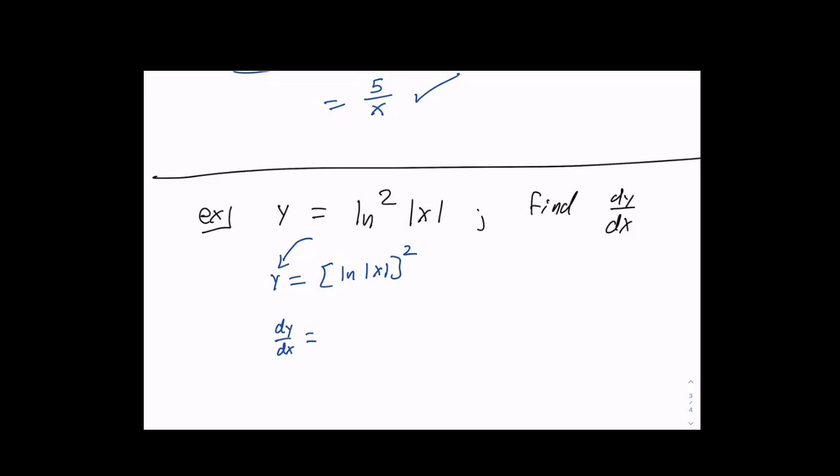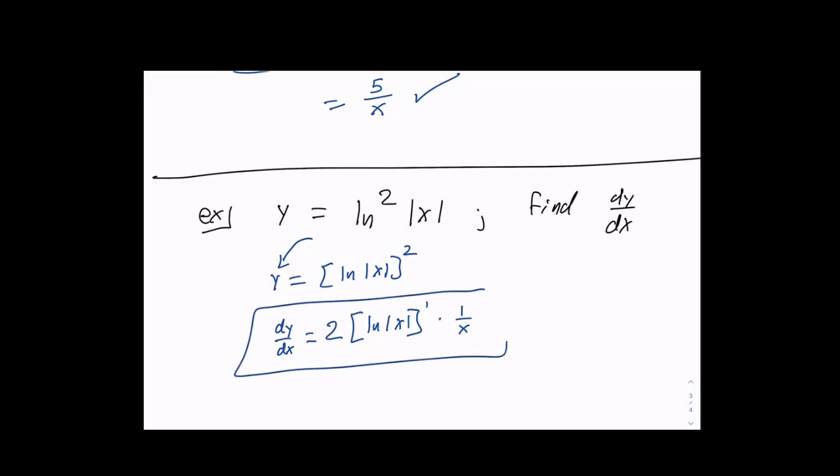There we go. 2 times... Can you keep everything in the bracket? So like ln x to the power, and then power times 1 over x. Yes. That's it. Times the derivative of natural log of x. Now I put to the 1 power because I subtracted the exponent.